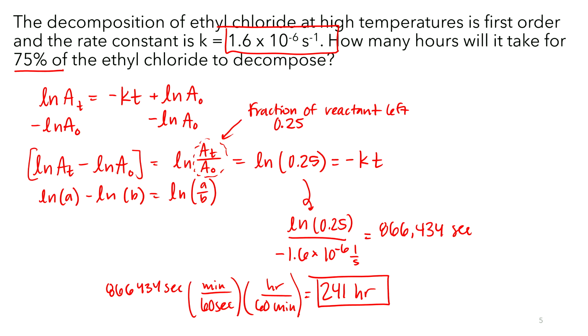So remember that AT, okay, so the question is how did I know this part, right? That's like the really important part of this question: how do I know that AT over A naught is the fraction left, okay? A naught is how much I started with, right? That's the initial concentration or milligrams or moles or whatever I've been given. AT is how much I have at time t.